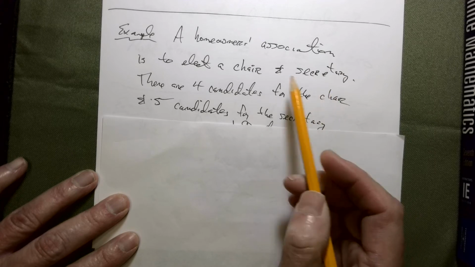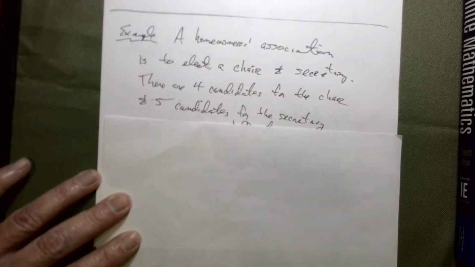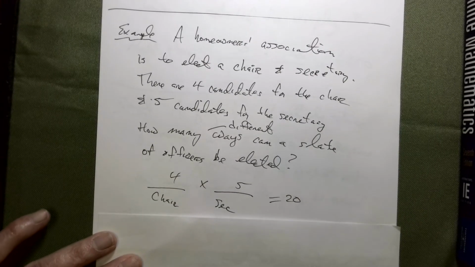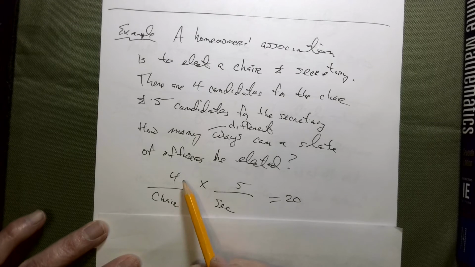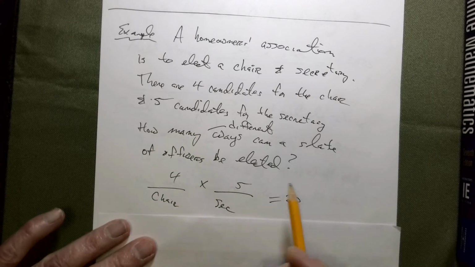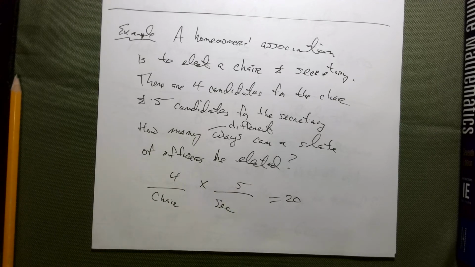A secretary position is not the same as a chair. A chair position is not the same as a secretary. So how many different ways can we do this? Well, we just use the multiplication principle. There's 4 candidates for the chair position, 5 for the secretary, so there's a total of 20. Simple enough.